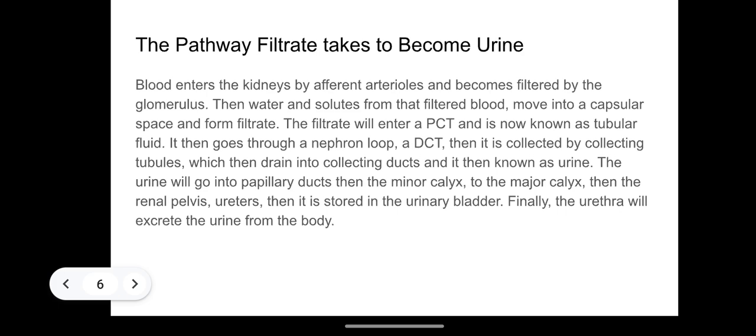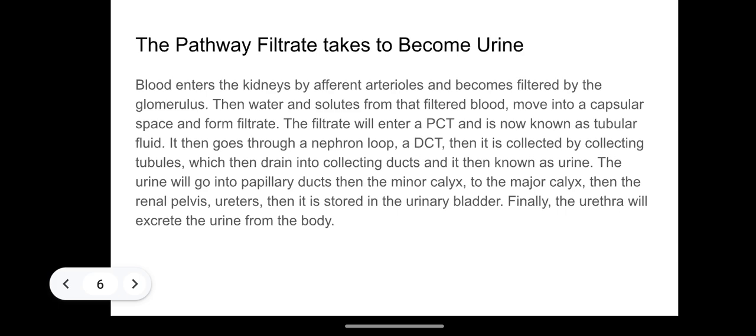Now, this filtrate will enter a proximal convoluted tubule and is now known as tubular fluid. It then goes through a nephron loop, a distal convoluted tubule, and then it's collected by collecting tubules, which then drain into collecting ducts, and it is then known as urine.